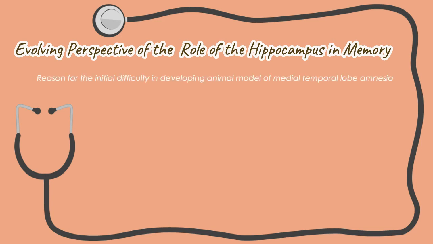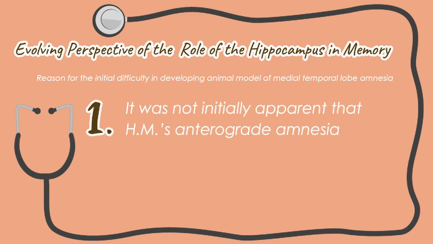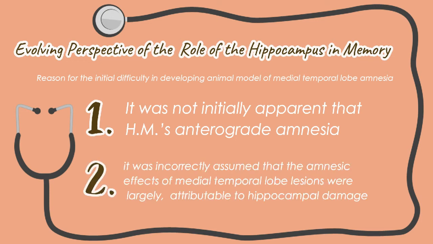In retrospect, there were two reasons for the initial difficulty in developing an animal model. First, it was not initially apparent that Henry Molaison's anterograde amnesia did not extend to all kinds of long-term memory. Second, it was incorrectly assumed that the amnesic effects of medial temporal lobe lesions were largely, if not entirely, attributable to hippocampal damage.